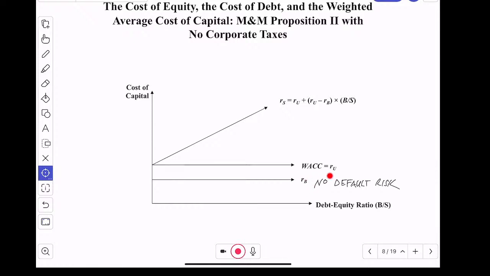Similarly, the average investor in the levered firm will have the same return or required rate of return as those in the unlevered firm because the value of the firms is the same no matter how much debt is issued.